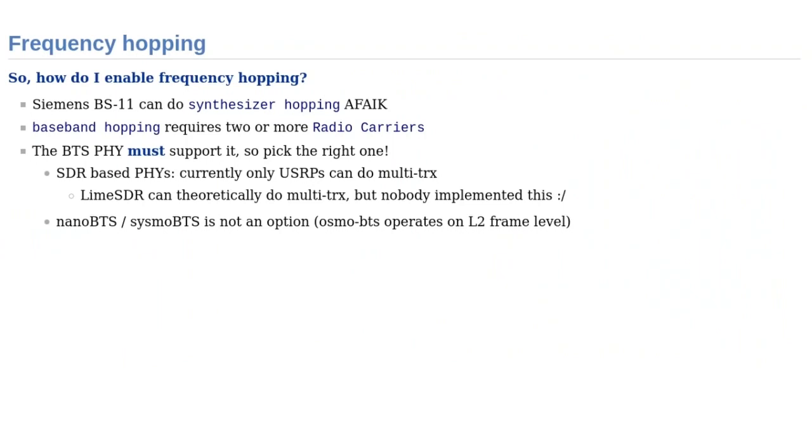Unfortunately, as far as I know, neither NanoBTS nor SysmoBTS supports hopping, because the way OsmoBTS operates and talks to them is on the higher levels compared to the SDR approach. You send layer 2 frames to the DSP, and you get layer 2 frames from the DSP, so there is no way to control what frequency is used for the actual burst transmission.